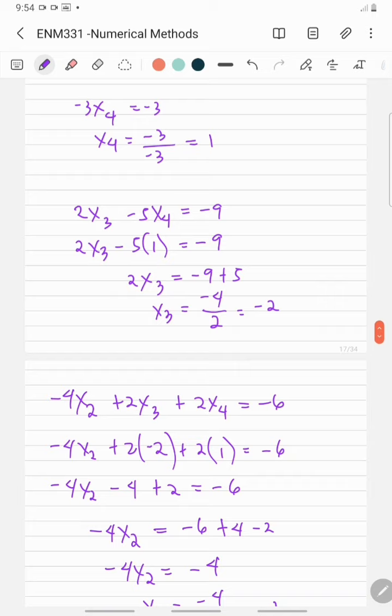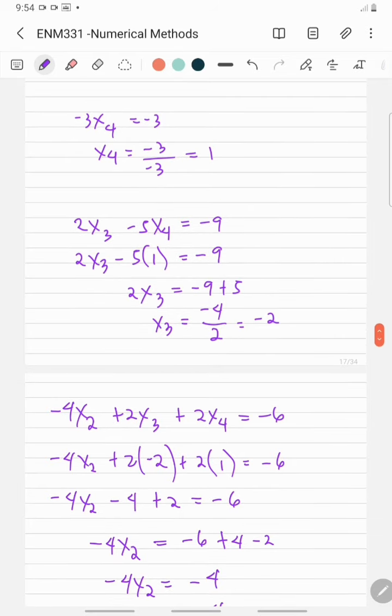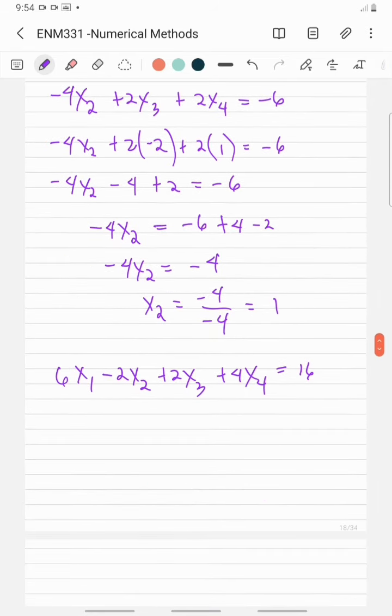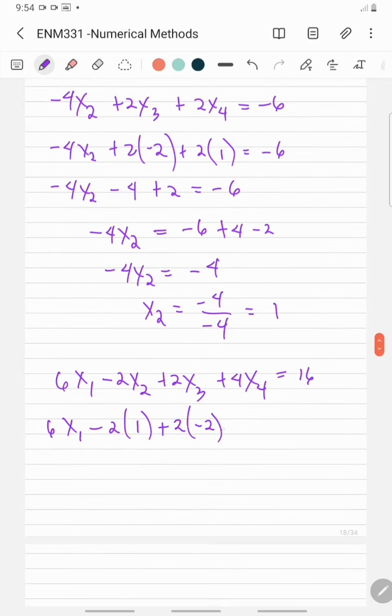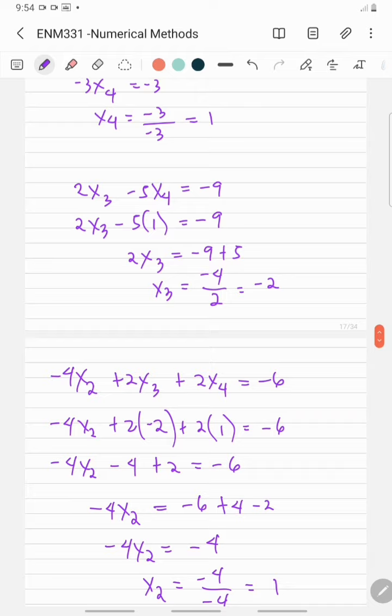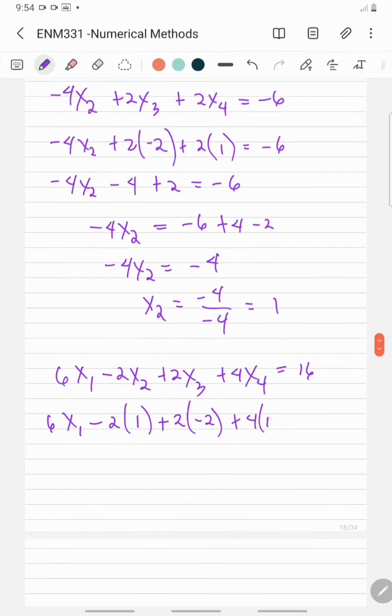So we have to substitute again the values of x4, x3, and x2 to the equation. So we have 6x1 minus 2 times 1 plus 2 times x3, which is negative 2, plus 4 times x4, which is positive 1, equal to 16.